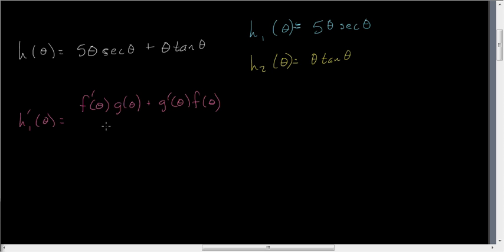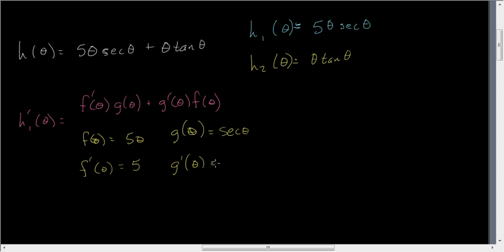We've got derivative of f times g plus derivative of g times f, and so we need to identify our functions. We're going to identify f of theta as 5 theta. I'm going to include the 5 in that. The derivative of f of theta, f prime, is 5. g of theta is going to be secant theta. Now the derivative of secant is secant tangent.